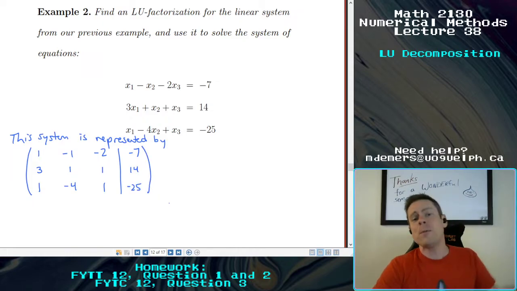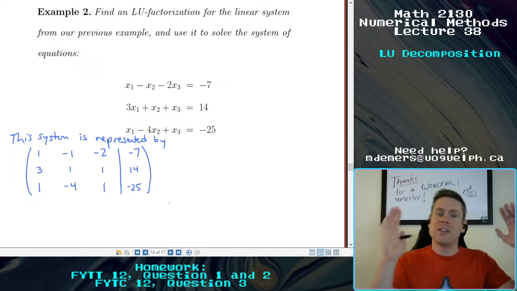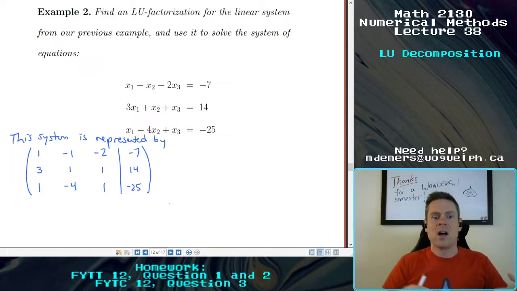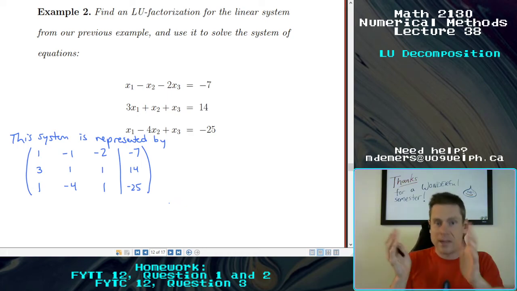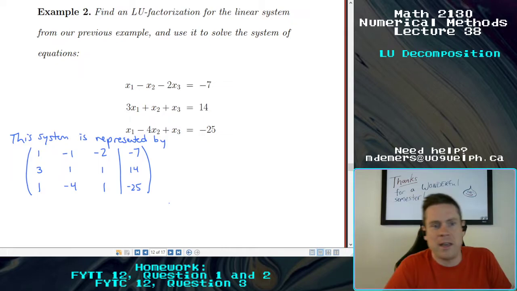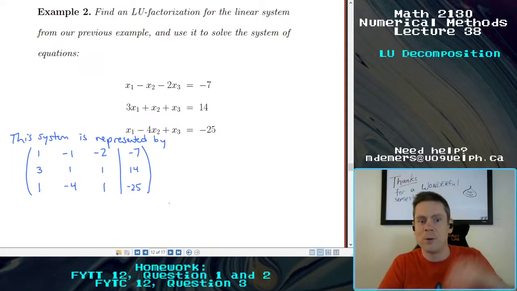Okay, so what we did with Gaussian elimination was take this augmented matrix and perform row operations on all the different entries and the right-hand side in order to get to a row echelon form that we could work with to do some substitutions and find the answer. No problem, we know about this.